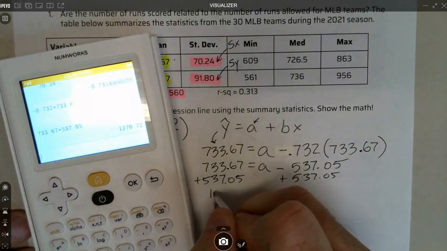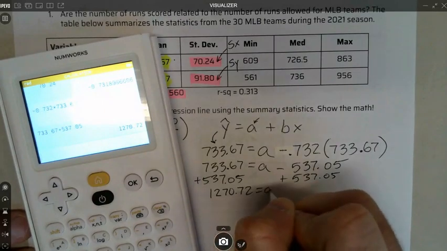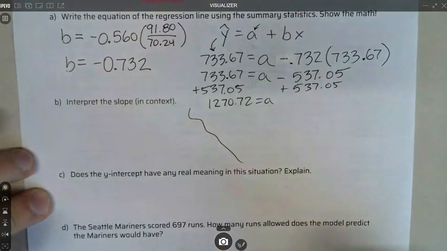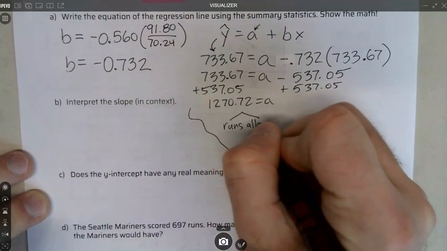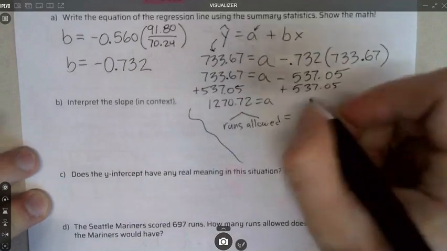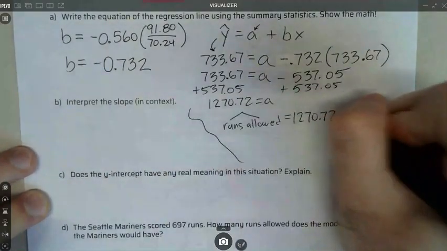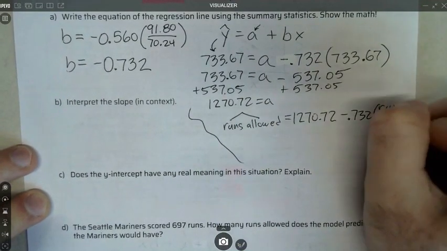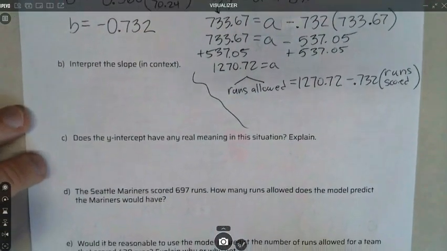We've got a y-intercept of 1,270.72. So putting that into our context here, the predicted runs allowed is equal to our y-intercept, 1,270.72, minus 0.732 times the runs scored. And that is our least squares regression line equation.